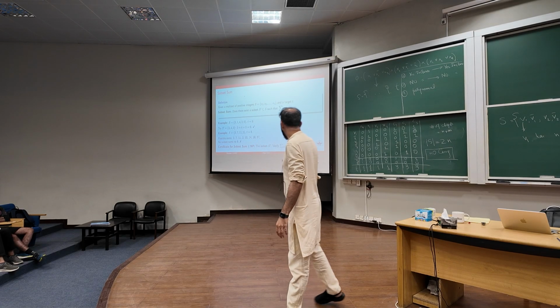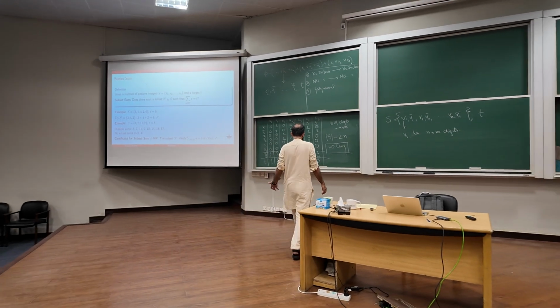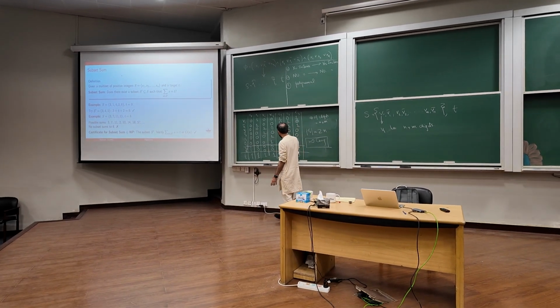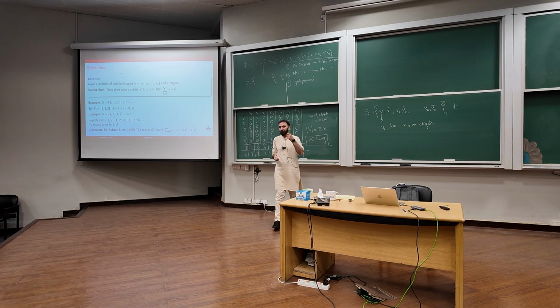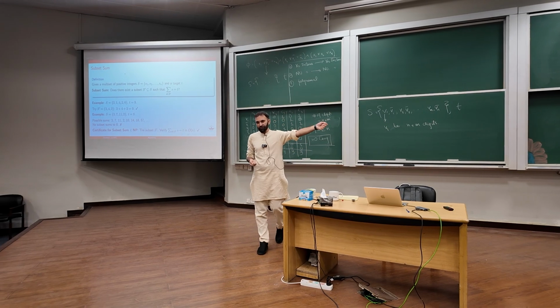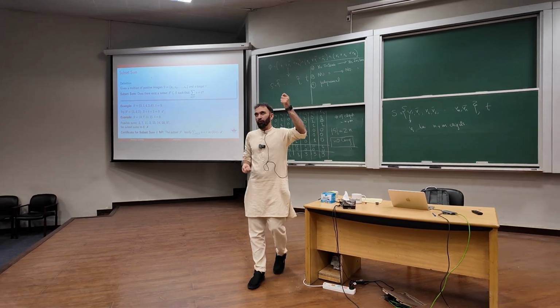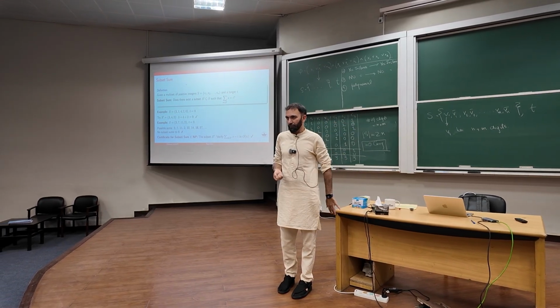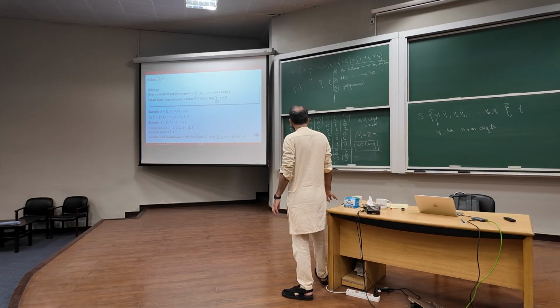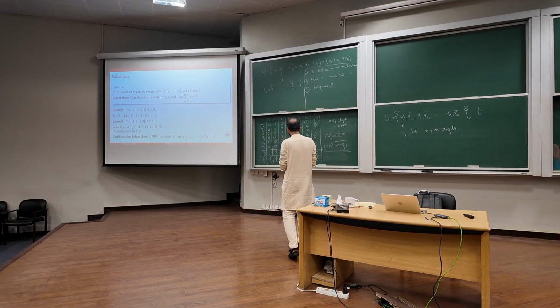Okay, and a kind of logical, reasonable correspondence is that you pick v1 if you set x1 to true in the original formula, and you pick v1 bar if you set it to false in the original formula. Okay? Cool.